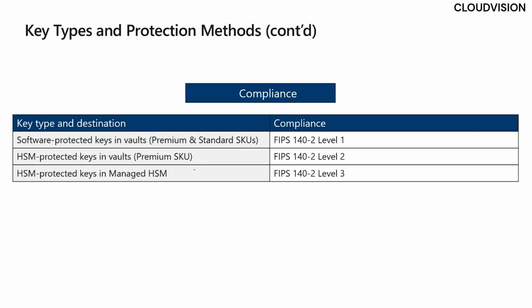HSM with the managed HSM, that supports level 3 compliance. It's all up to your organization, whichever compliance they want to follow, you just use that particular Key Vault, because you need to meet your company's standard, your company's compliance as well.